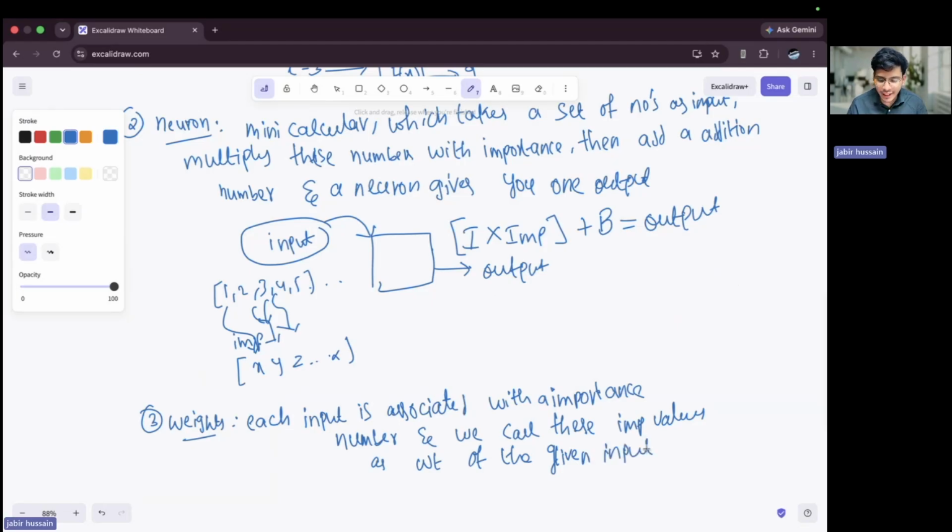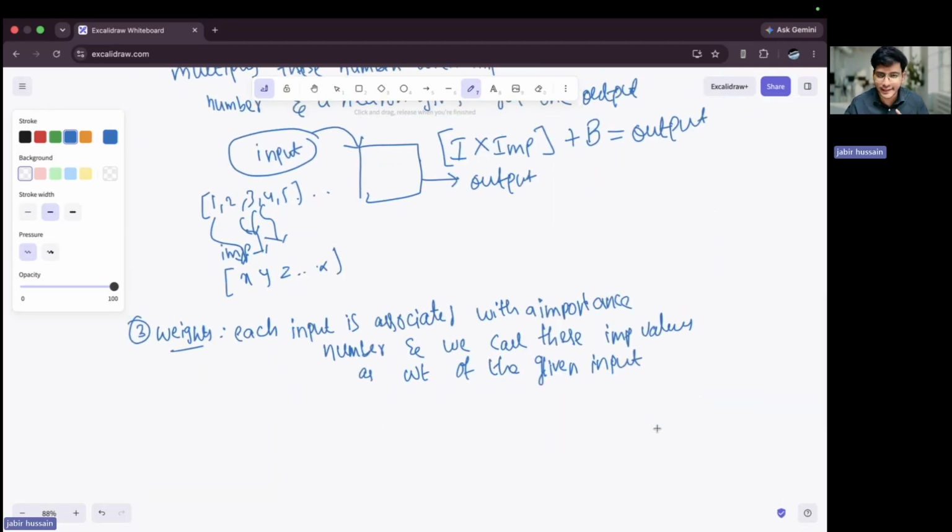So if there are 10 inputs, then there will be 10 weights. If there are 100 inputs, then there will be 100 weights. And weights tell us how important that particular input is for our neuron, okay.